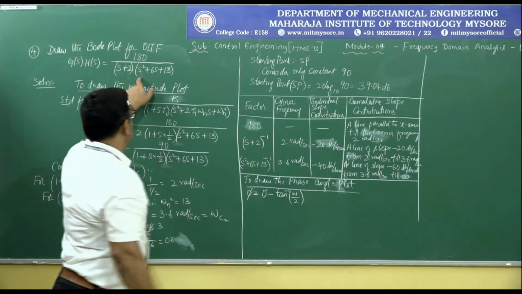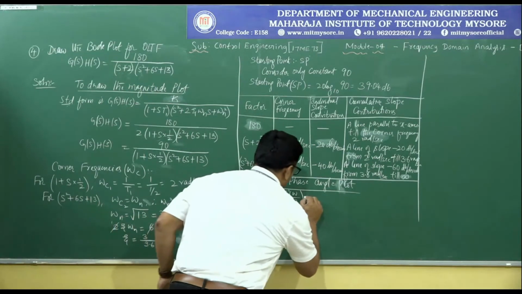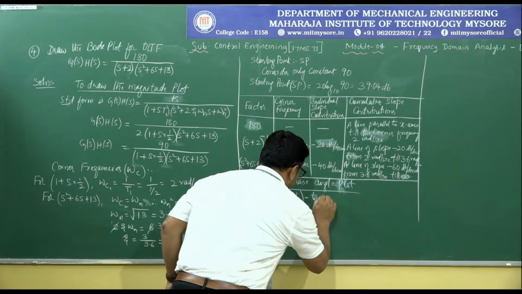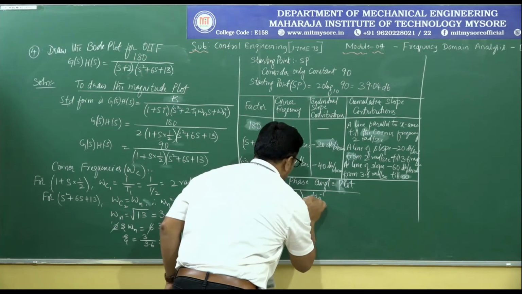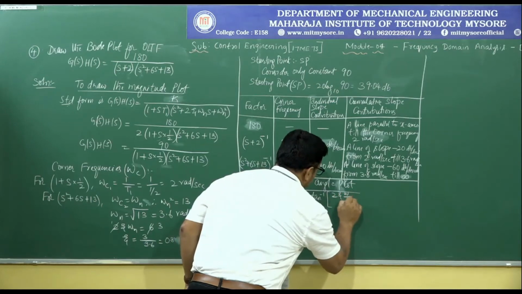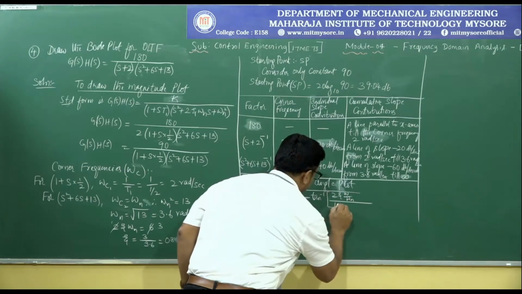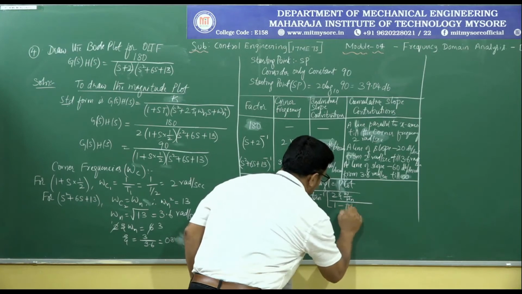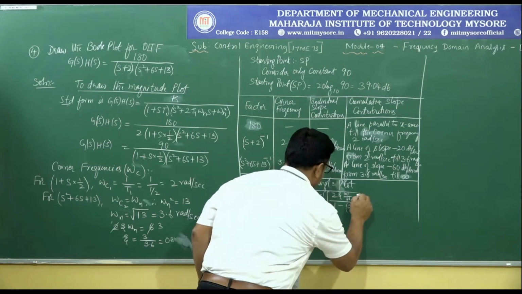Then next is this factor. So this factor has to be written with tan inverse of, the formula says, 2 zeta omega by omega n whole divided by 1 minus omega by omega n whole square.